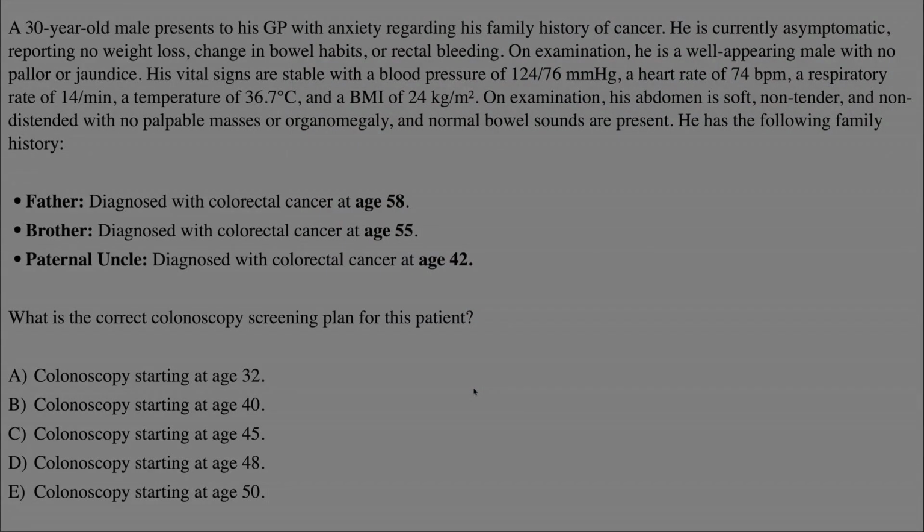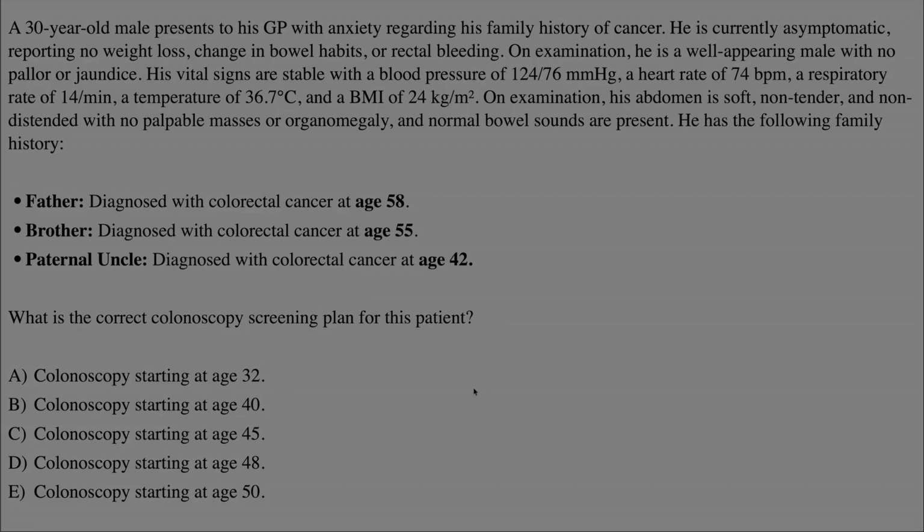Here is the case of a 30-year-old male who presents to his GP with anxiety regarding his family history of cancer. He is currently asymptomatic, reporting no weight loss, change in bowel habits, or rectal bleeding. On examination, he is a well-appearing male with no pallor or jaundice.